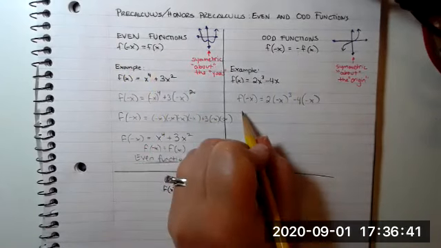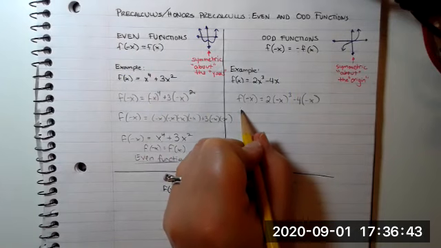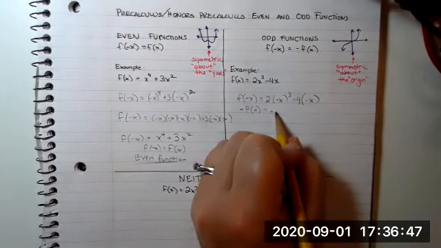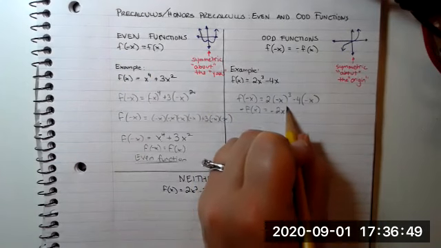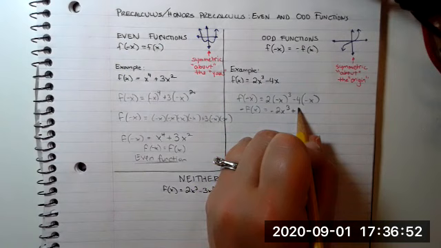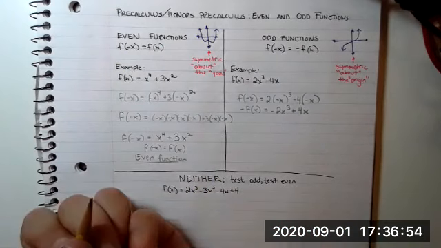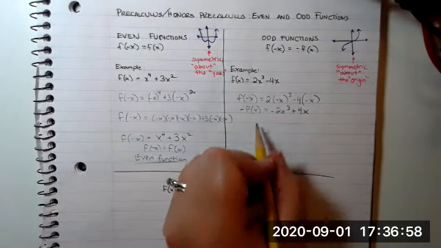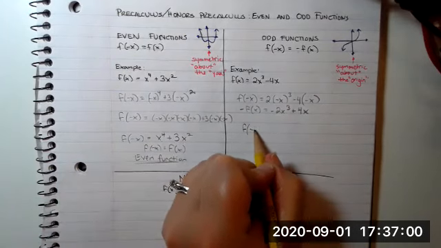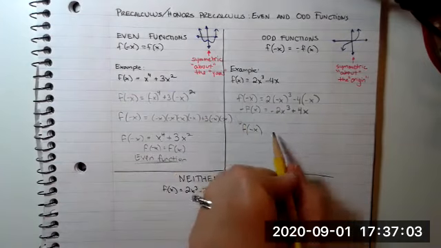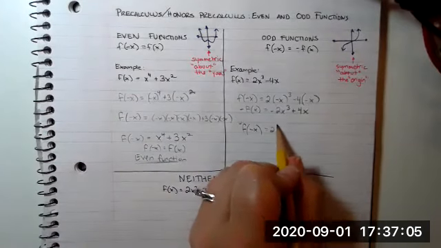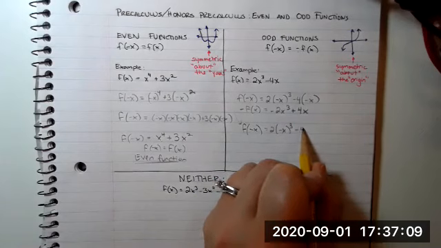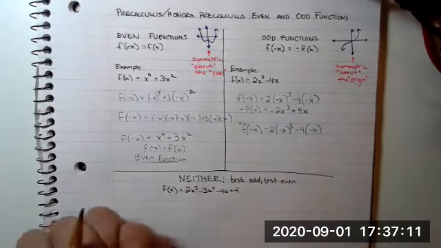So we're also going to say what negative f of x is. So negative f of x is equal to negative 2x cubed plus 4x. So what we'll do first is simplify f of negative x. So that'll be 2 times negative x to the third minus 4 times negative x.